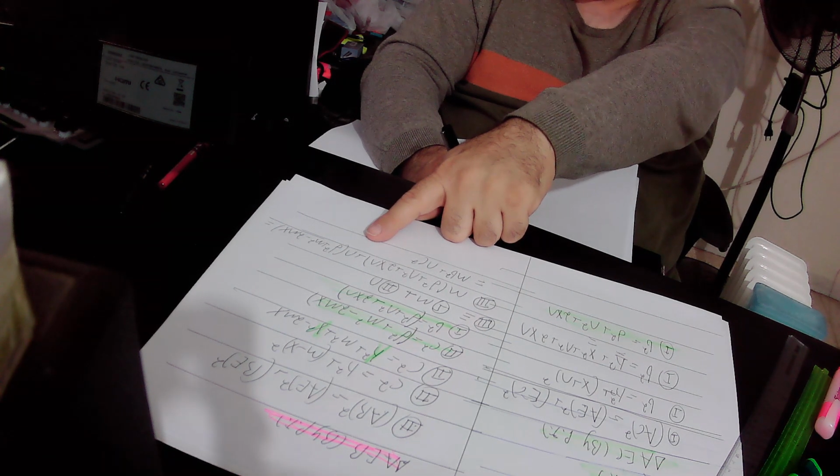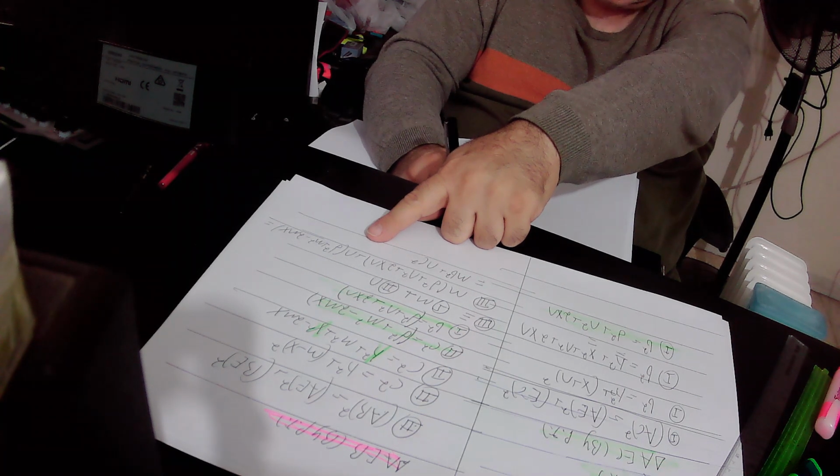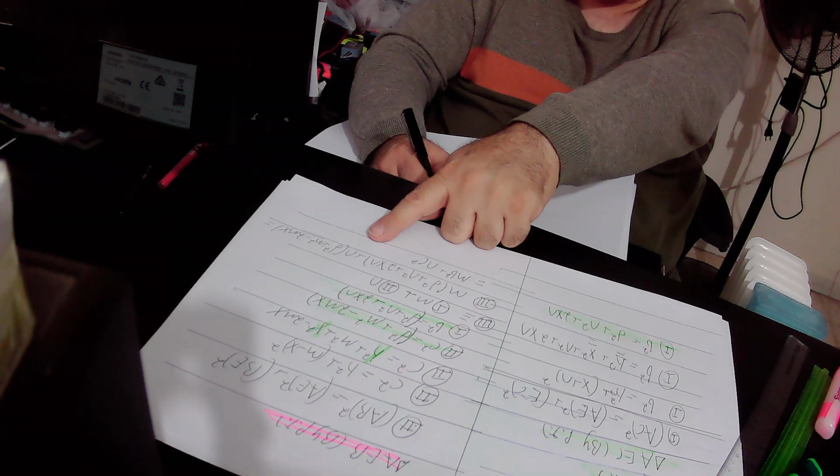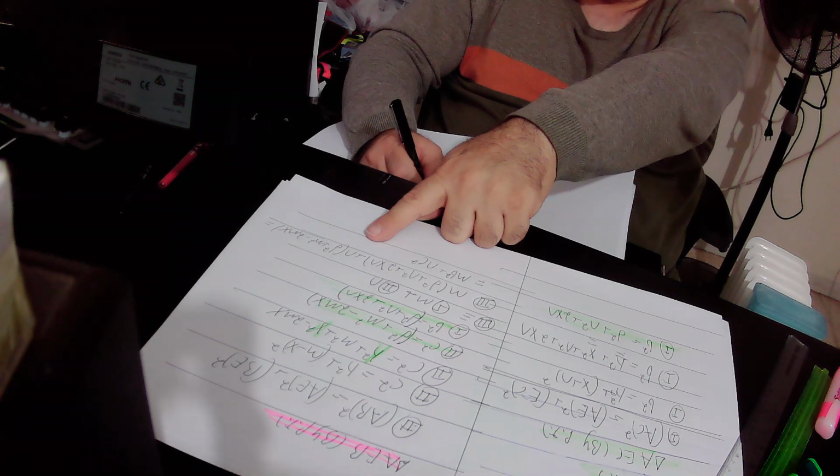we'll open the brackets of this expression also. N times d square is nd square, plus n times m square is nm square, plus n times minus 2mx is minus 2xmn.